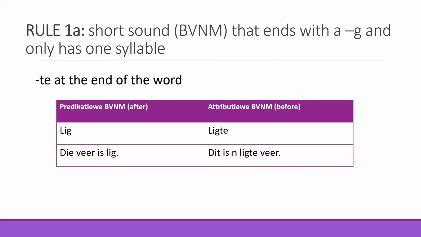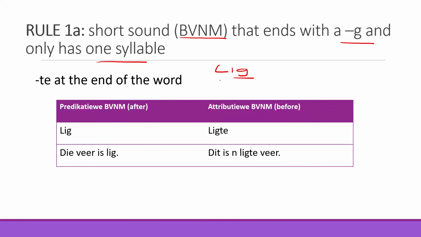Okay, rule 1A. When it has a short sound, BVN is just byvoeglike naamwoord, guys. That's what it stands for. So when we have a short sound that ends on a G and has one syllable, for example lig, lig is our word here. It ends on a G and it has one syllable.